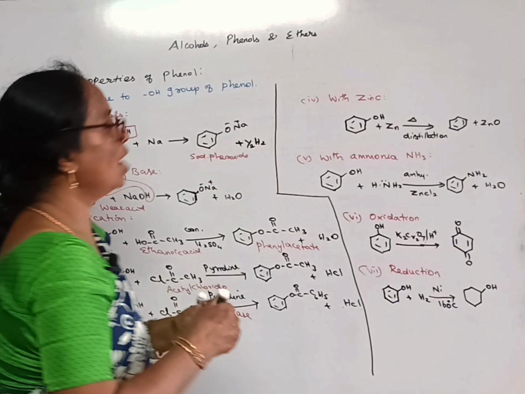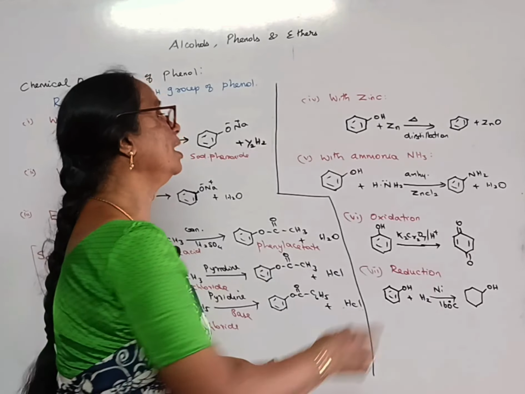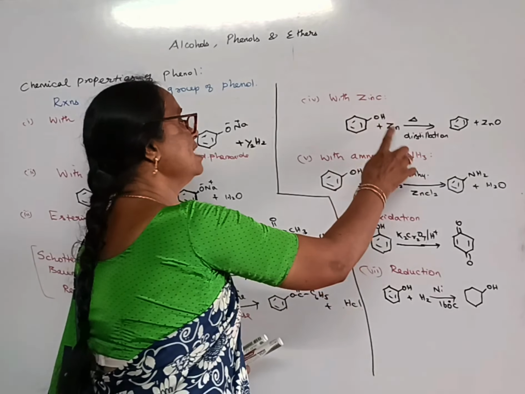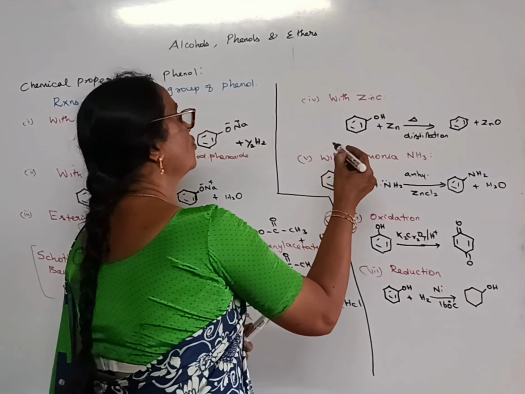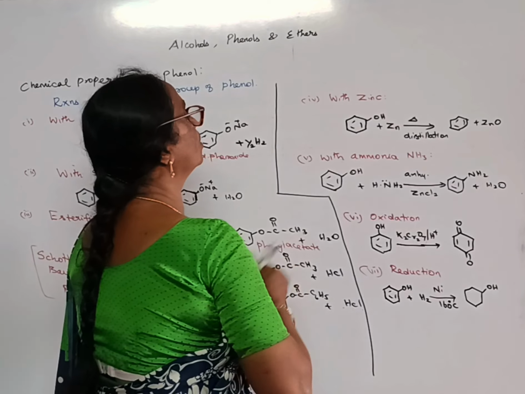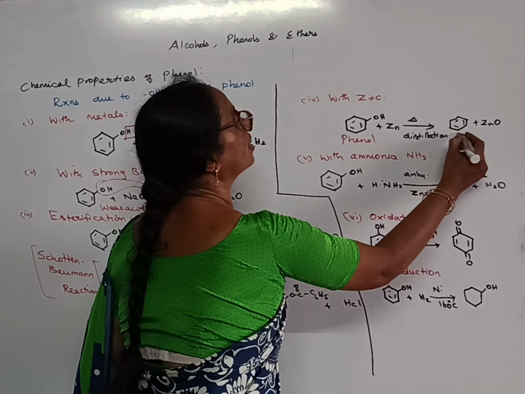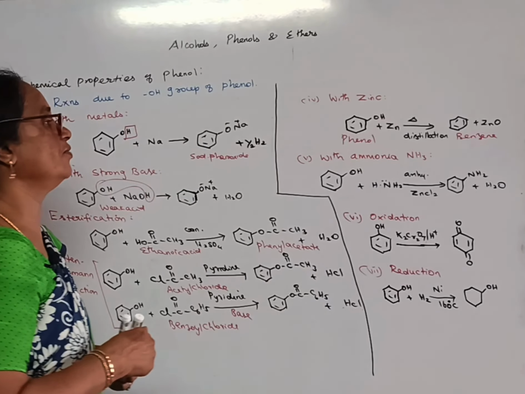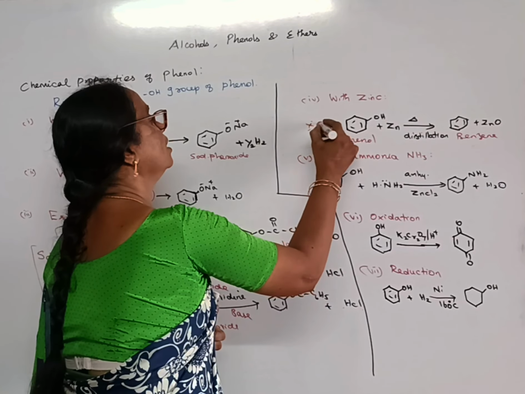And how do you convert phenol into benzene? That is possible by distilling with zinc metal, where the zinc metal removes the oxygen to form zinc oxide. So phenol is converted into benzene. This is one of the conversions you may consider. Very important question too.